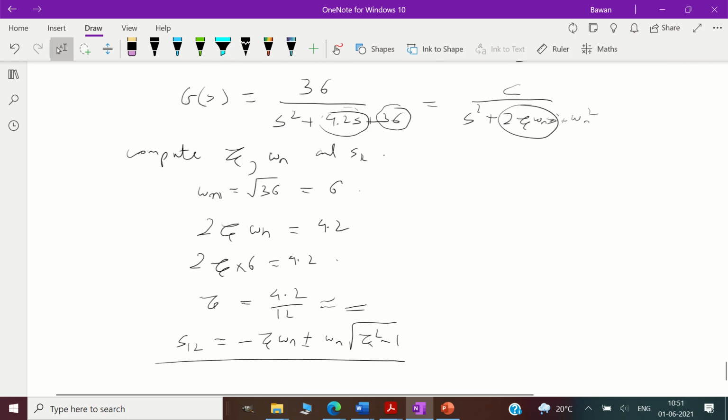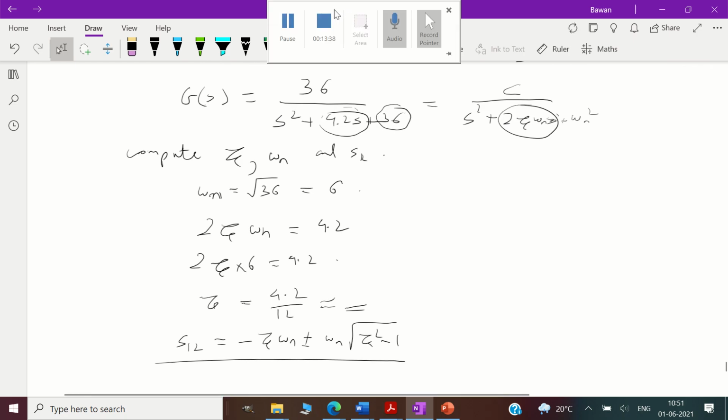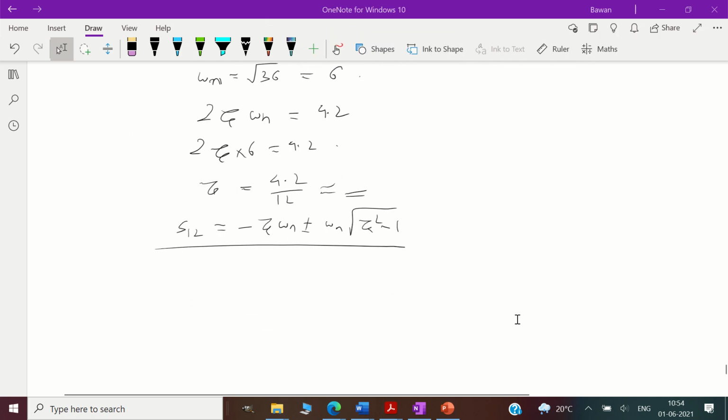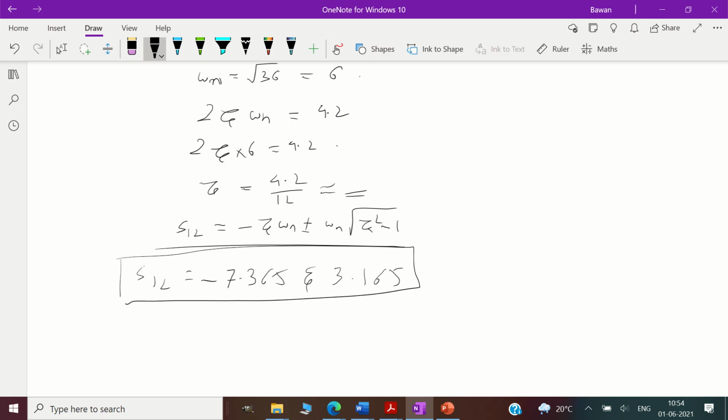All right, can you do it, please? Minus 7.365 and minus 3. So those are your roots s1,2. Two values, of course, because this is a quadratic equation.